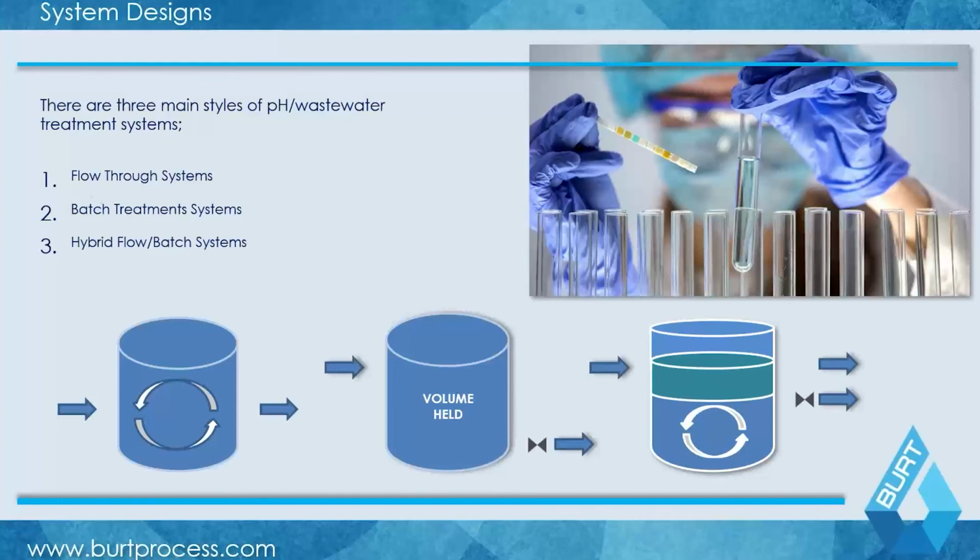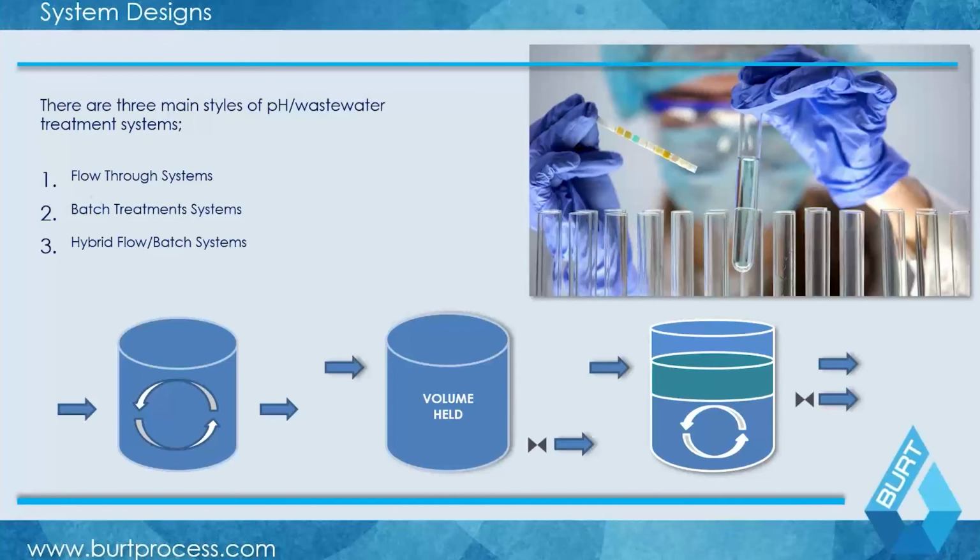To largely bring both of these different characteristics of flow-through and batch together, people have developed a hybrid batch style system. In a hybrid style system, the system operates as a continuous flow-through system 95% of the time, and when necessary, it'll go into a batch mode for a short period of time to treat a stronger waste stream coming into it.